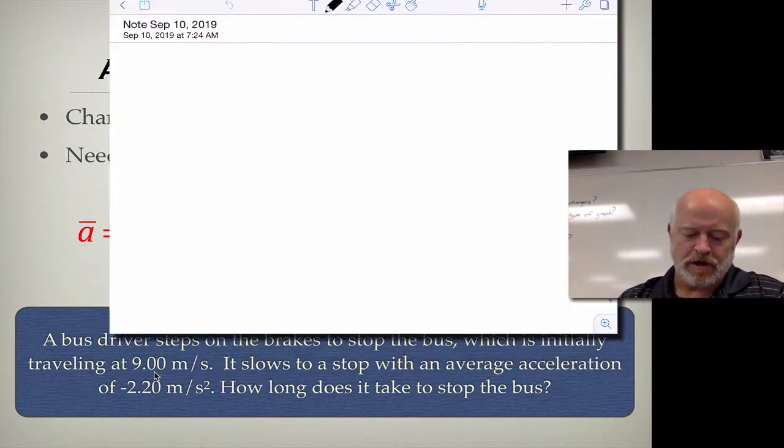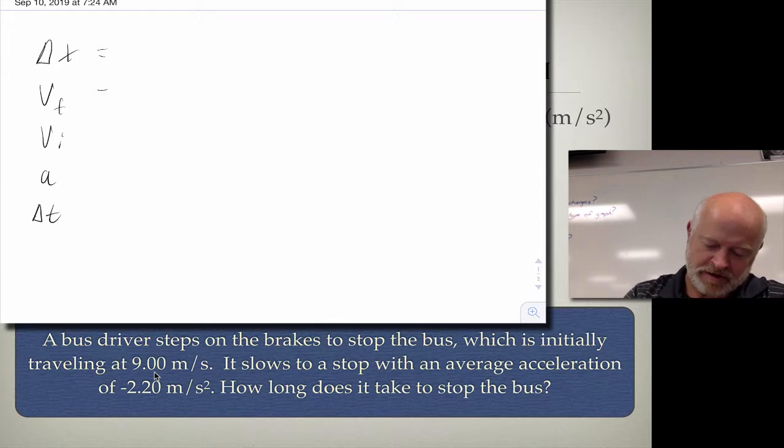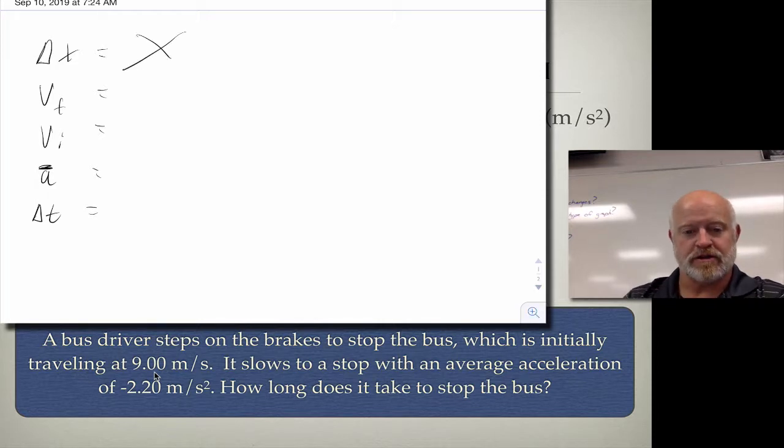Okay? So again, if we remember, we want to make sure that we're tracking different things. We have our displacement, our final velocity, our initial velocity, our acceleration, and our change in time. These are all the variables that we're worried about as we do these problems. In this case, we're looking at average acceleration. We don't know displacement, so that's not part of this.